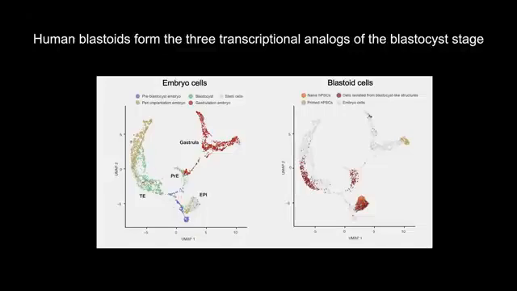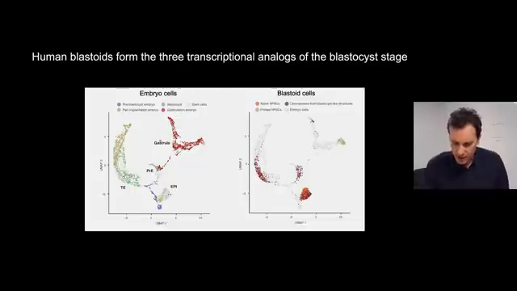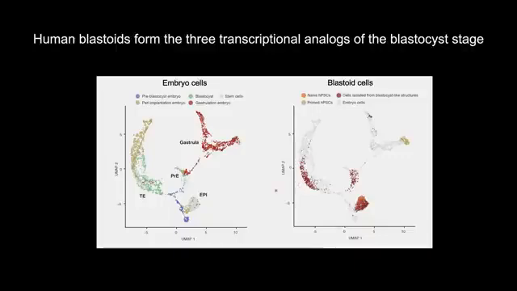Here the blastocyst, which is in green, you've got the trophoblast here, the primitive endoderm, and the epiblast. And here in those 2 colors, you have the post-implantation stages. And you can see that this is the reference map, and the cells of the blastoids are very nicely matching with the 3 different compartments of the blastocyst stage.